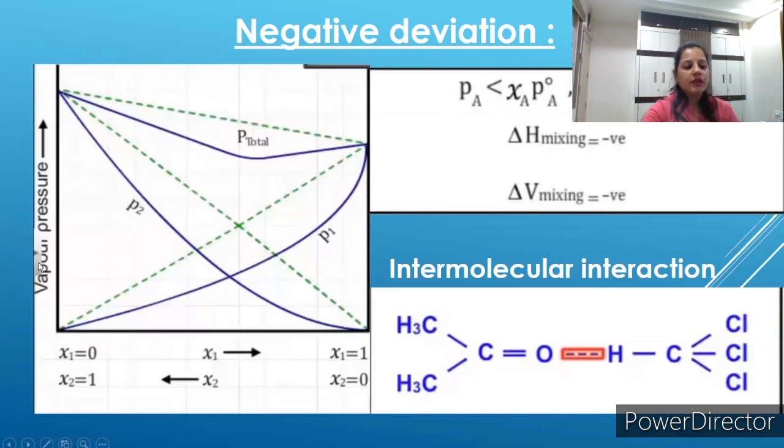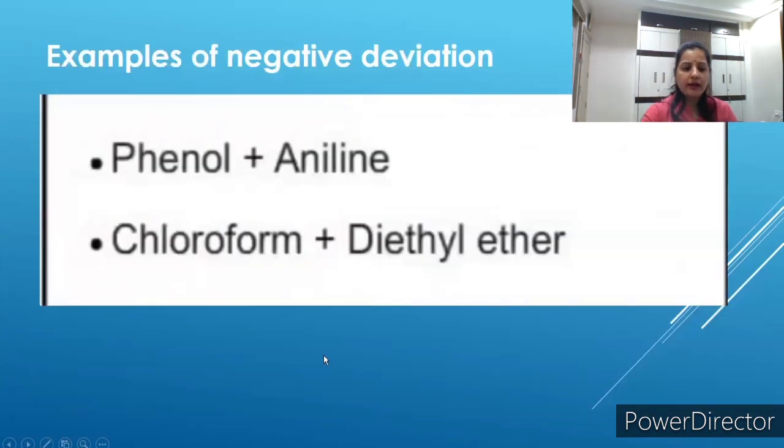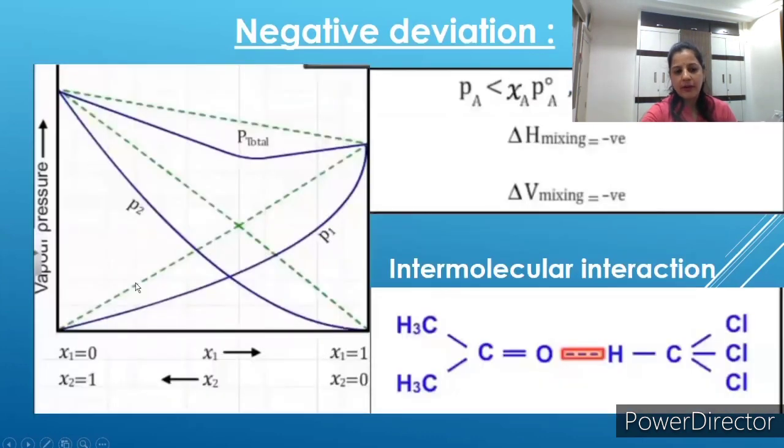If we plot a graph between the vapor pressure and the mole fraction, we can see that P1 and P2 are less than what is expected by the ideal solution. Since this green line shows the ideal behavior, the vapor pressure values of P1 and P2, both components 1 and 2, are less than expected, and hence the total vapor pressure is also less.